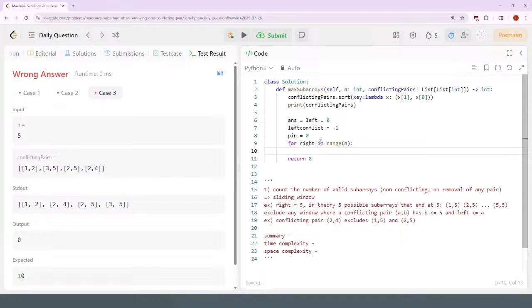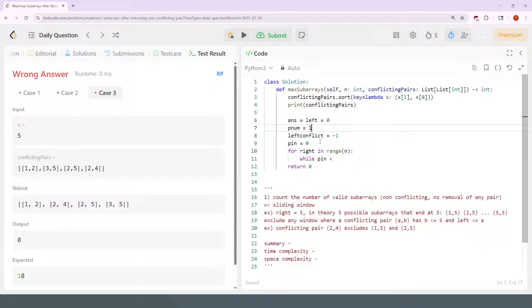So while pin is less than the number of conflicting pairs, which is the length of conflicting pairs, and the second value of the current pair is less than or equal to the right index — it should probably just be equal to, but less than or equal works.